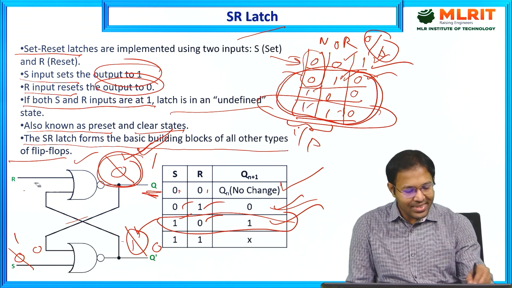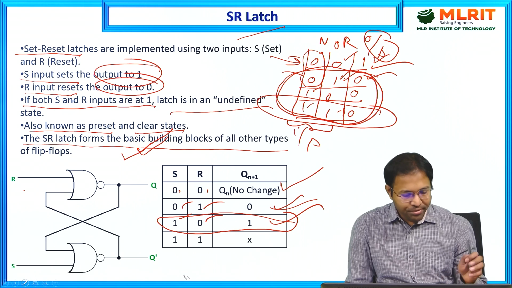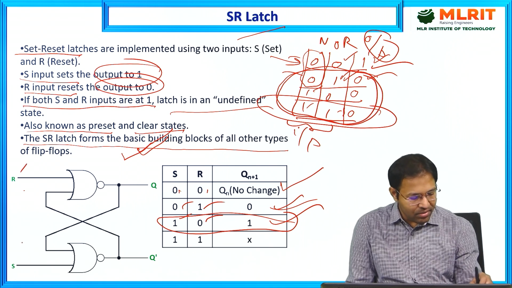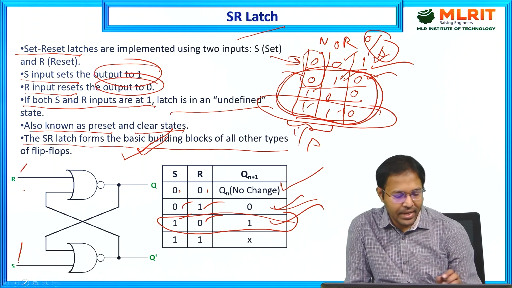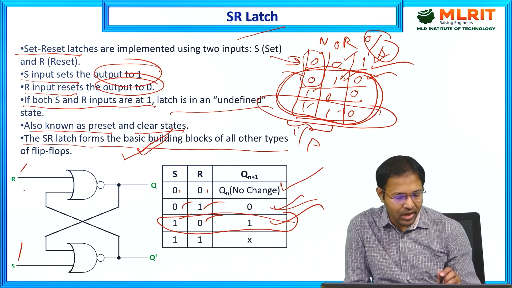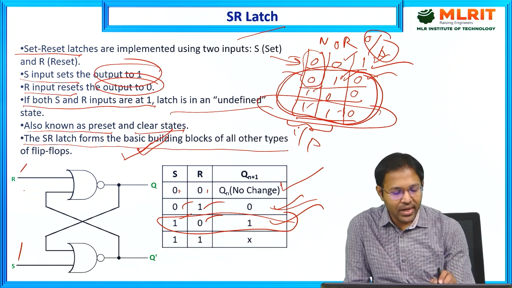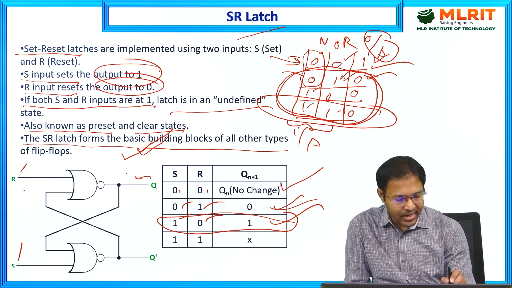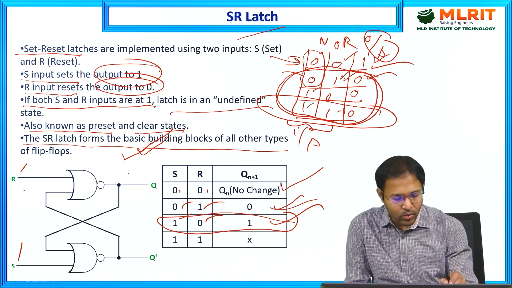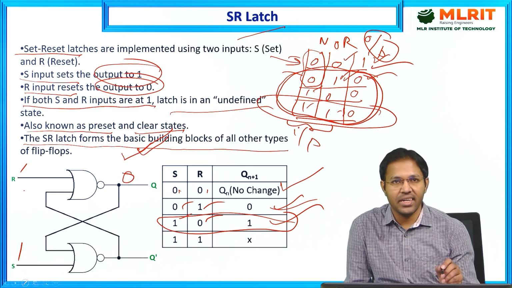Now, let us discuss the last case. For the case when both are 1s, let us assume that the initial state here is 0.